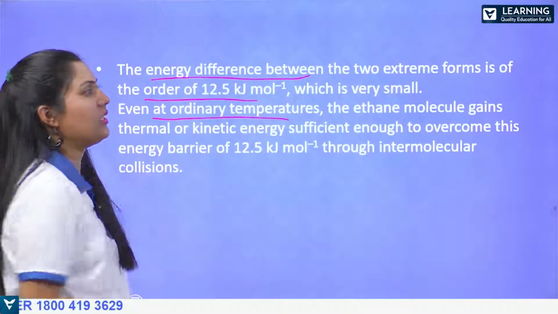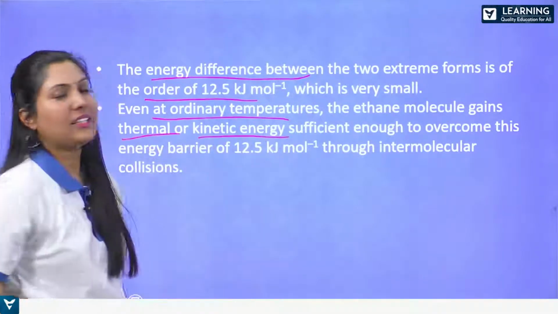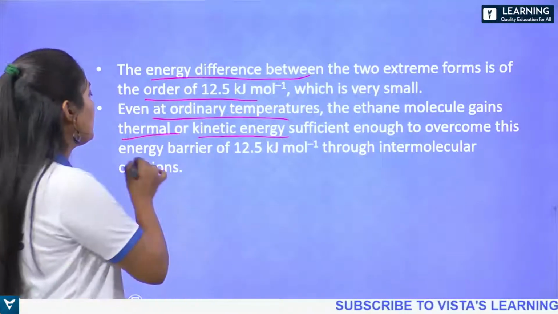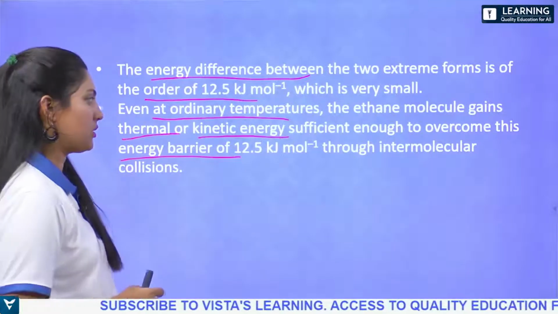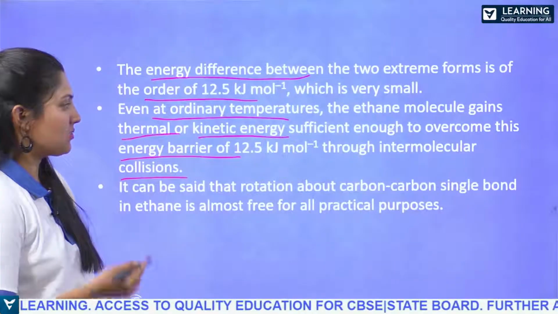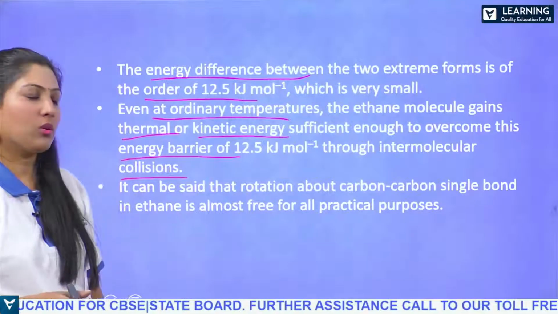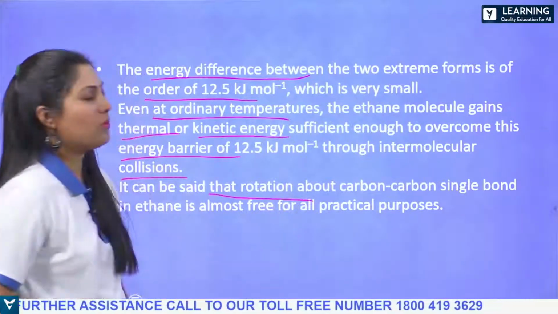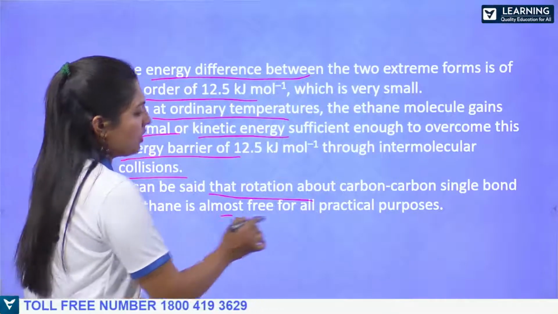Even at ordinary temperatures, ethane molecules gain sufficient thermal or kinetic energy to overcome this energy barrier, and they can easily shift their conformations through intermolecular collisions, as we have very little difference, that is 12.5 kilojoules per mole. It can be said that rotation about the carbon-carbon single bond in ethane is almost free for all practical purposes.